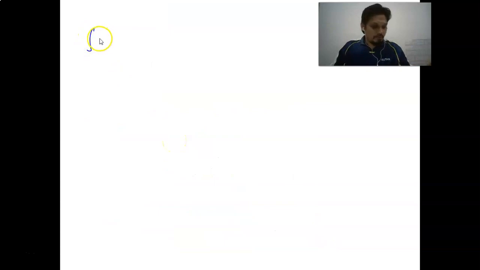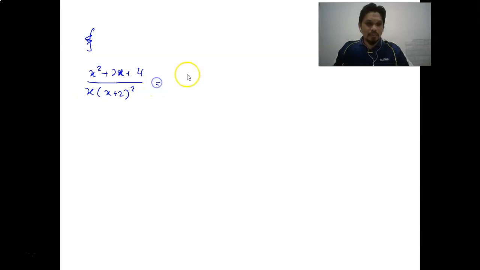So then, this one here first: (x² + 2x + 4) divided by x(x + 2)² equals, where A equals 1, 1 over x, plus B equals 0 and C equals negative 2, so minus 2 divided by (x + 2)².